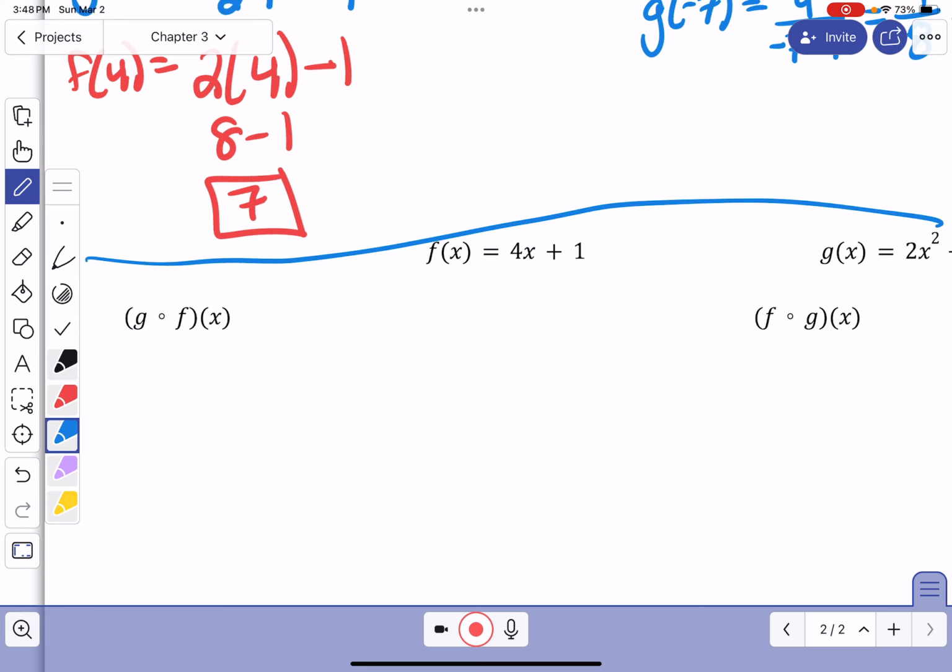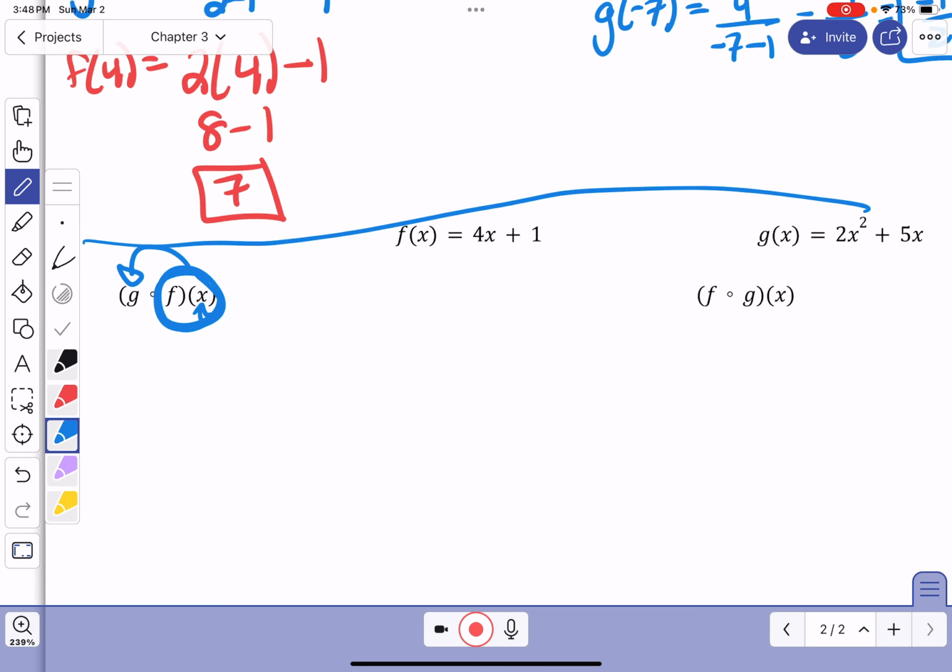And when we get down here and it doesn't give us a number, it's just saying plug that whole function in. So we're going to take f of x and put it in wherever g is. So g is 2x squared plus 5x. Now wherever we see x, we're going to put f of x.